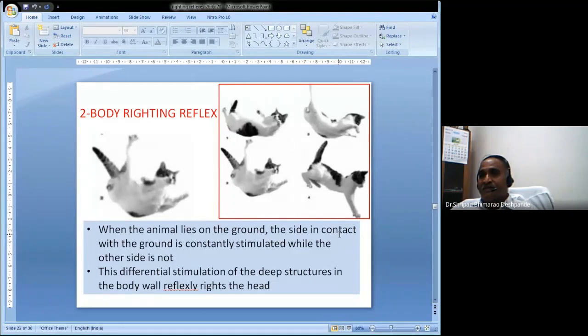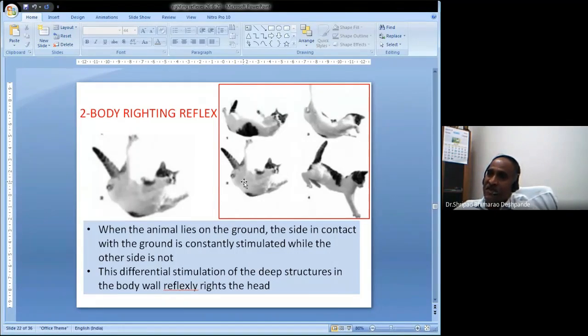In this animal, the side contact with the ground, or with the air or whatever the interface, will twist the animal in space. This is because of the differential stimulation from one side and the other side. It makes the animal understand this side is pressurized and this side is not, the greater pull, so that makes this happen in this way.